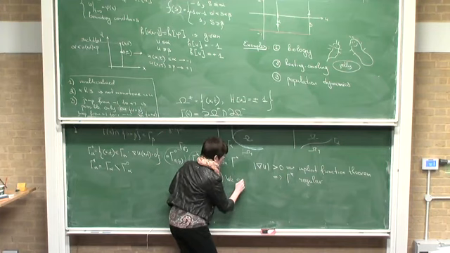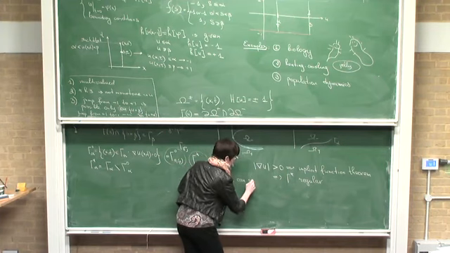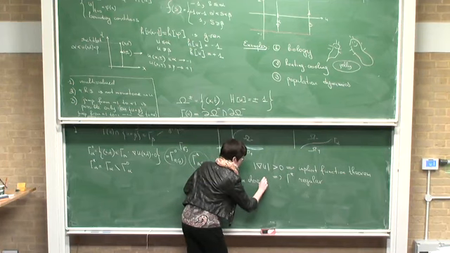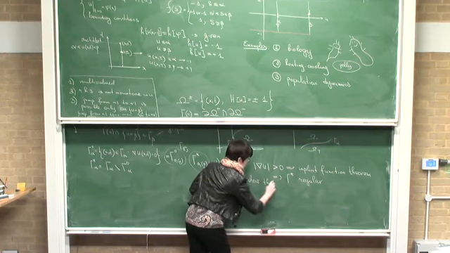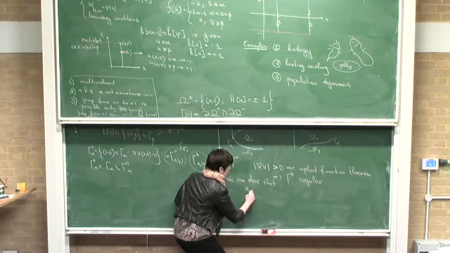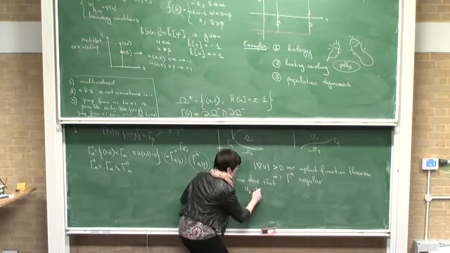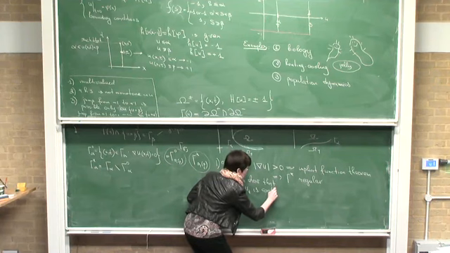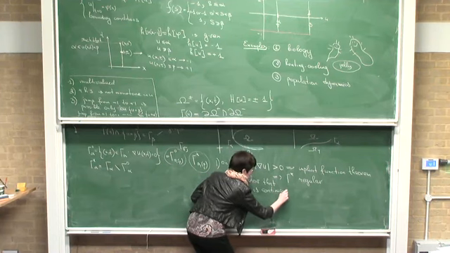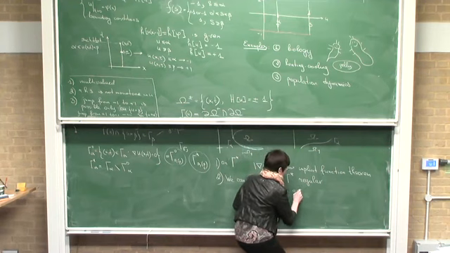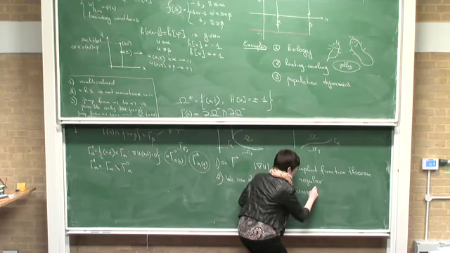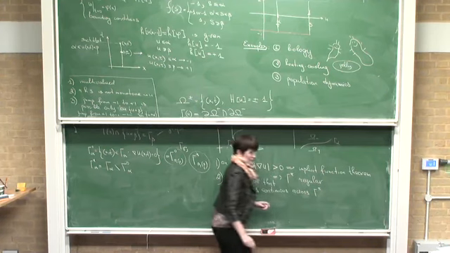Second, we can show that the time derivative is continuous across gamma star.